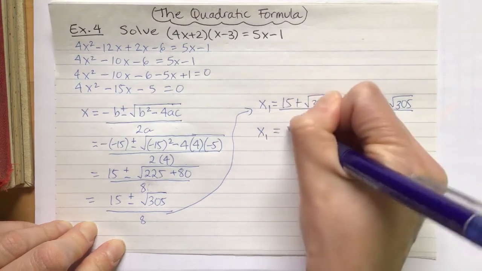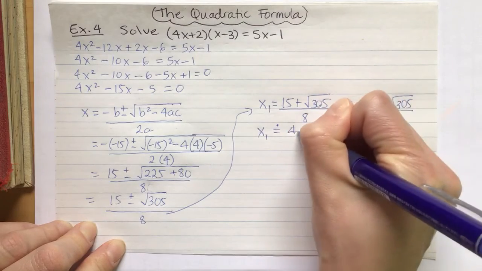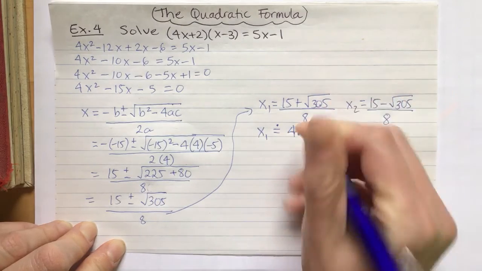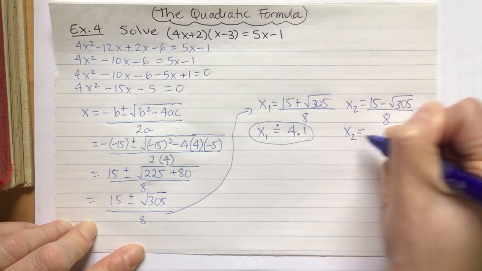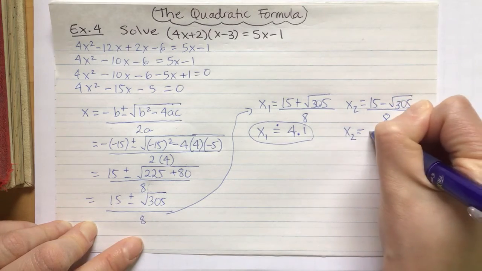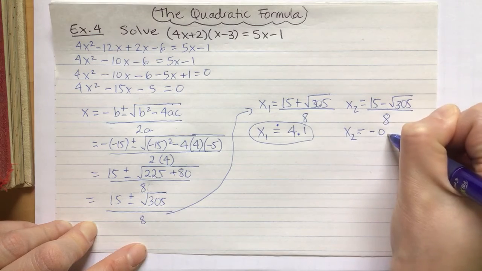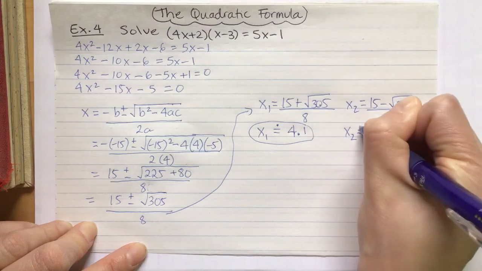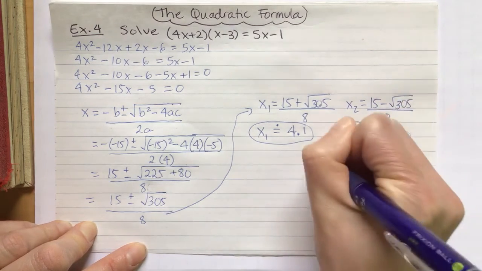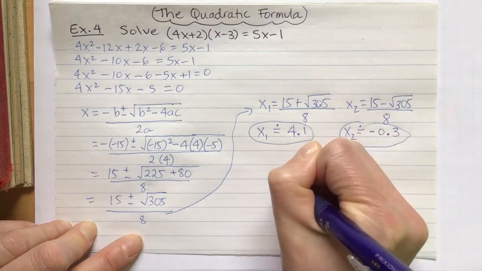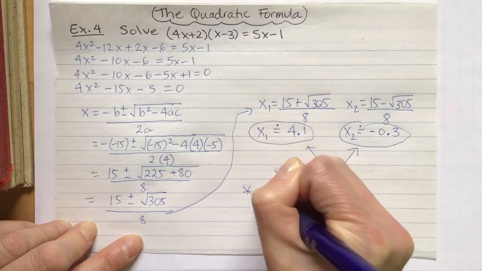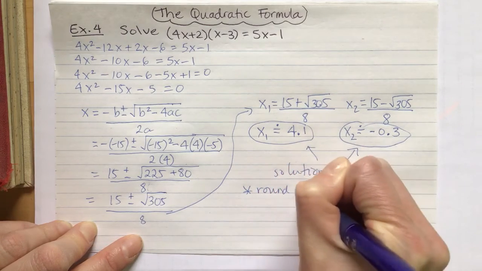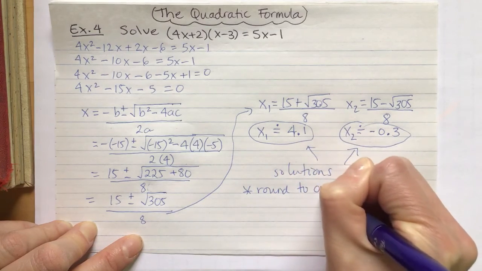So you're going to round to 1 decimal place. So here we're going to get an answer of approximately 4.1, and here for our second one we're going to get an answer of approximately negative 0.3. Okay, so these here are our solutions. And we always want to round to 1 decimal place unless we're told otherwise.